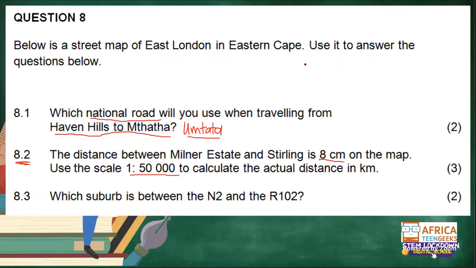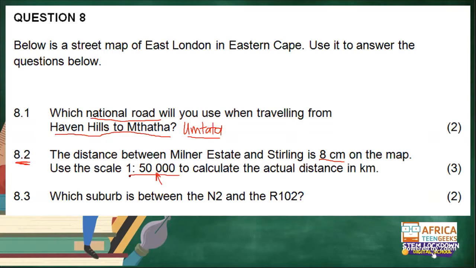Okay, 4 kilometers. Let's see if your answer is correct. So what you do, you basically multiply the map distance by the real side of the scale.